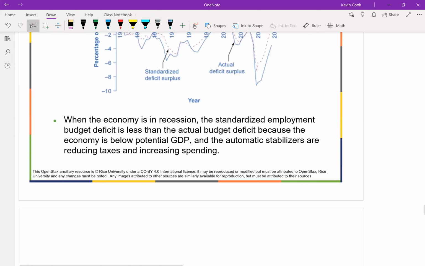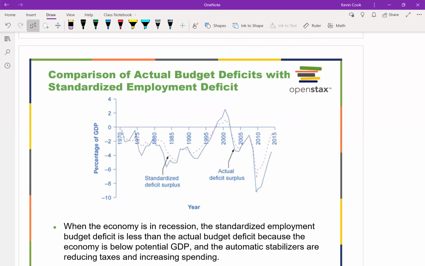And what we see on this chart kind of puts them together. You see that your standardized deficit or surplus, that is your standardized budget, largely mirrors the actual budget. This may be hard to see, and I might be making it worse, but oh well.